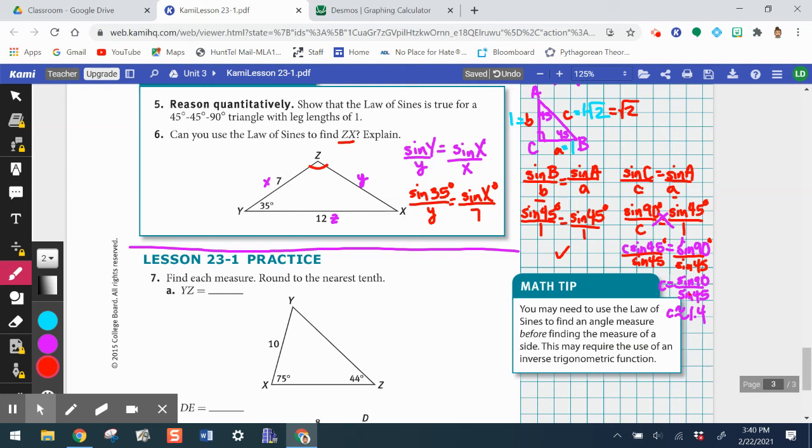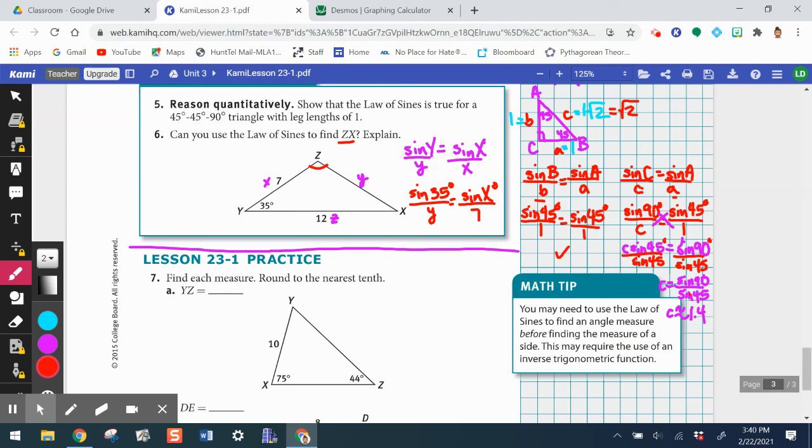So I started creating a proportion based on the law of sines. I said the sine of y over lowercase y is equal to the sine of x over lowercase x. Pretty simple, right? Well, I know the measure of angle y, which is 35 degrees. Obviously, I don't know the measure of side y, or ZX, because that's what we're looking for.